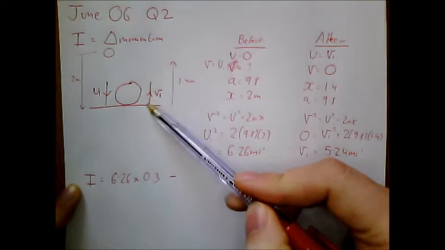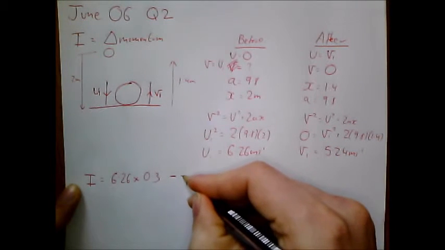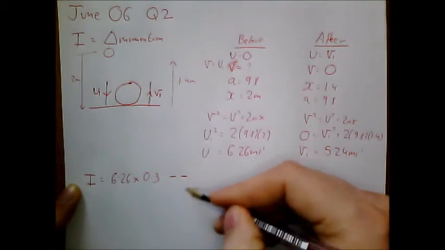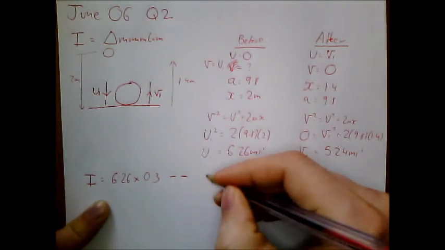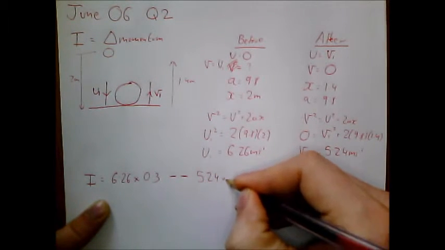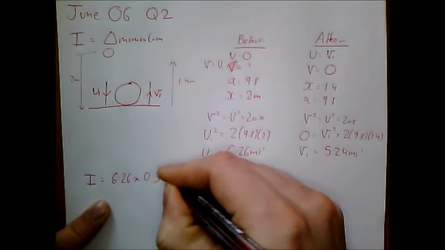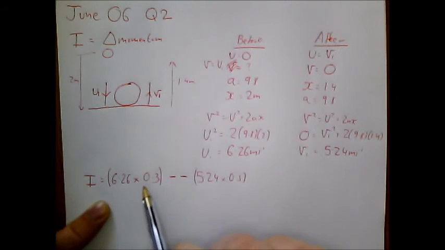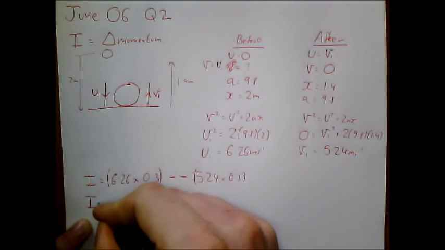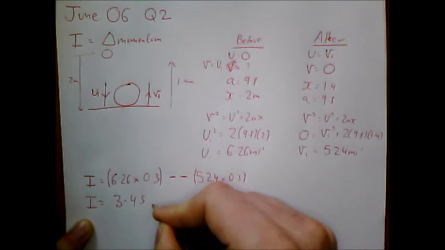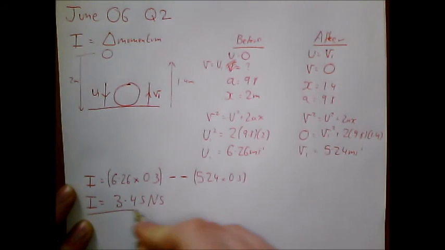So it's going to be more than we think. We're going to subtract a negative value, because it's in a different direction, so it's actually going to be the same as adding 6.26 and 5.24 times 0.3. Don't be tempted to do negative. It's got to be subtracting a negative number, so in different directions. You should get the impulse to be 3.45 newton seconds. And that's job done for question 2.